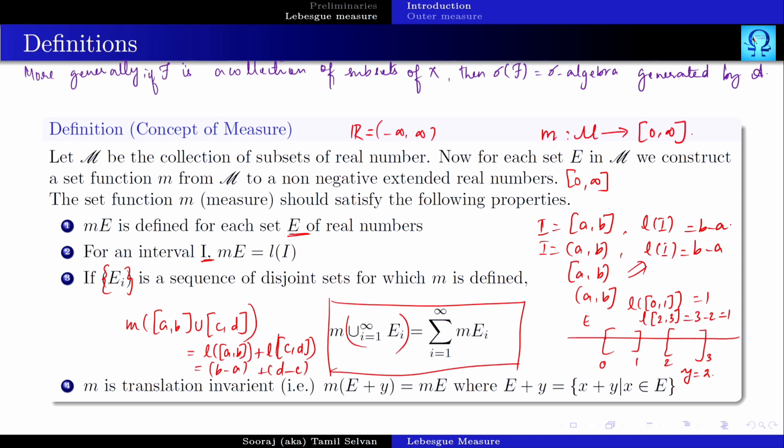Measure is a set function that assigns a non-negative extended real number to a set. The generalization of these lengths, areas, volumes is called measure. This can be assigned to any type of set. Initially we start with real numbers, and the ideology in measure theory leads us to general sets.